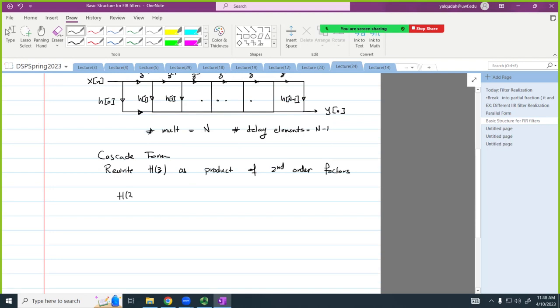So H of z, we can write it as b0 multiplied by the product from k equals 1 to M of b1k z to the negative 1, plus b2k z to the negative 2, and M is equal to floor of N over 2, which means the largest integer less than or equal to N over 2.